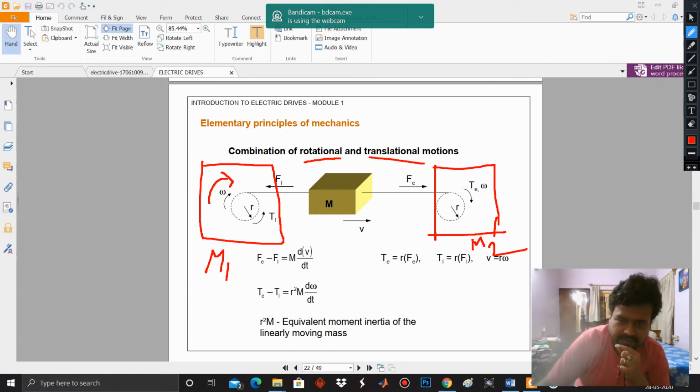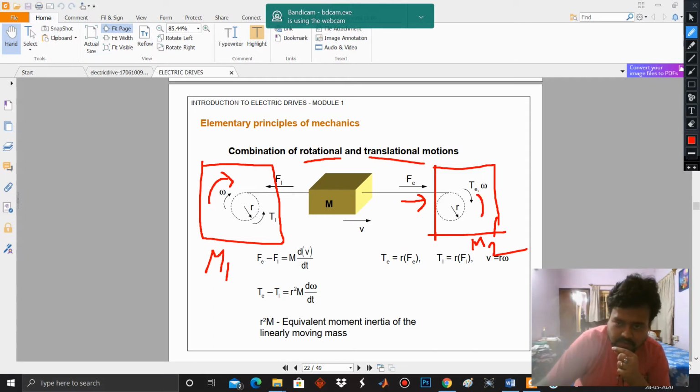So the force exerted by this rotor, or this gear you can say, is Fe in this particular direction, where the motor torque or the electromagnetic torque is Te1. What will be the direction of the load torque?